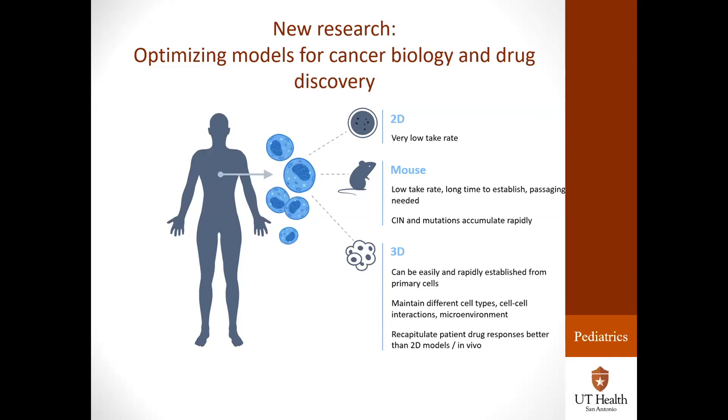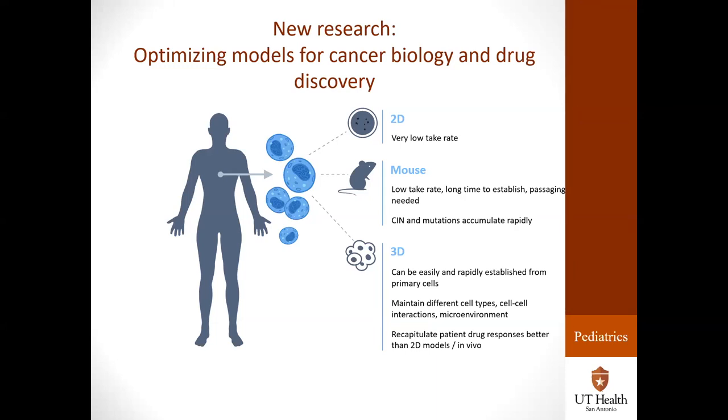So I wanted to finish the presentation with just touching on a little bit about new research that has been going on in patients with VHL disease and PPGLs in particular.